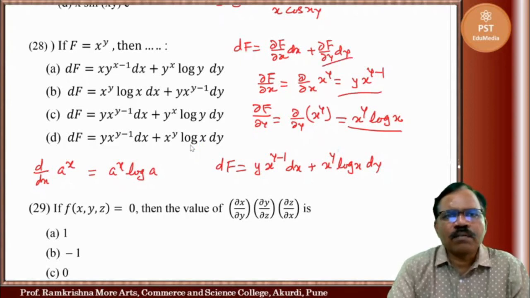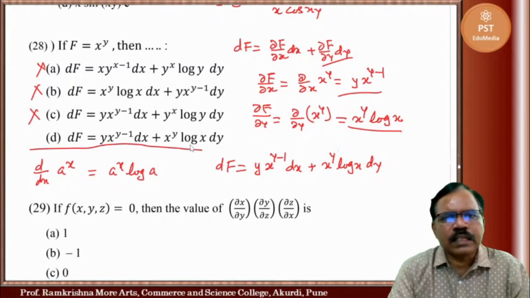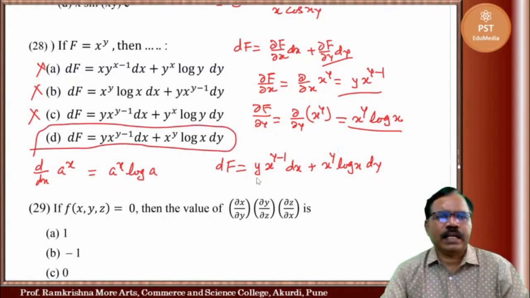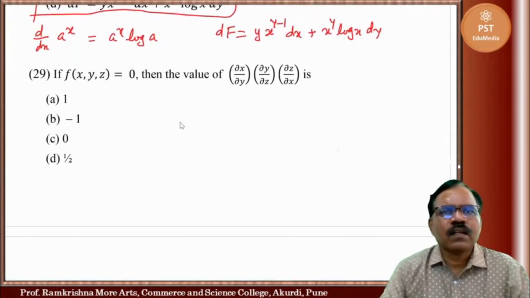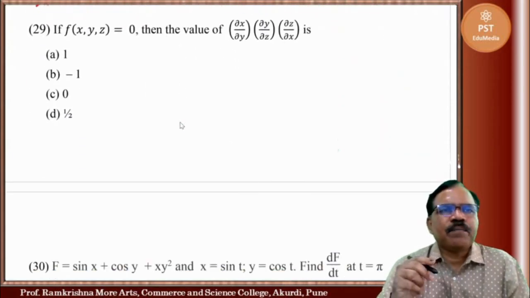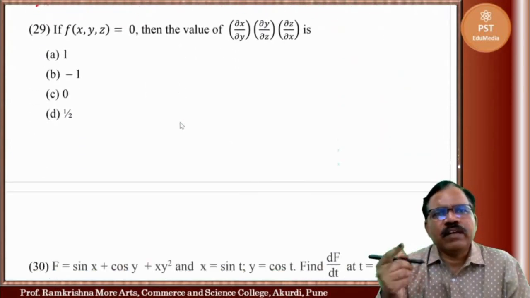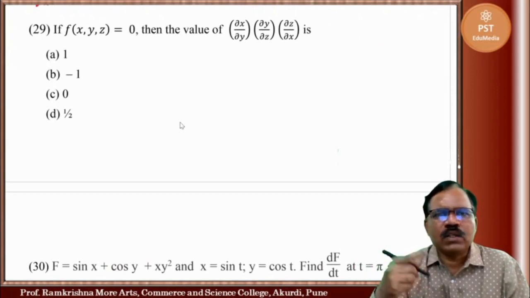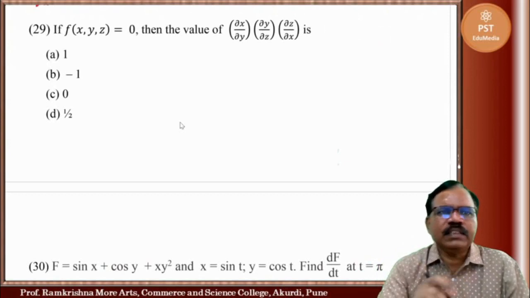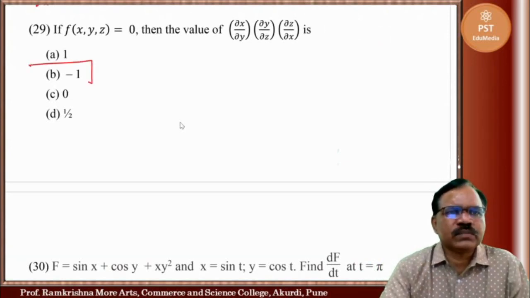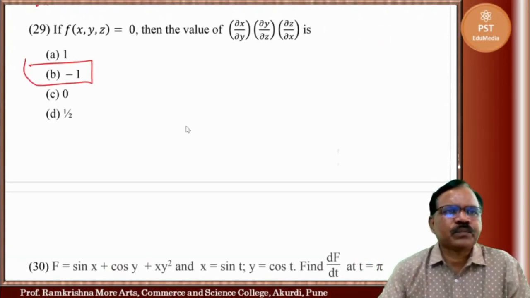So out of all these, this one is incorrect, this one is incorrect, this one is incorrect, this is correct. This is correct. Now if f of xyz is equal to 0, then the value of ∂x/∂y into ∂y/∂z into ∂z/∂x is, as we have just seen, minus 1.